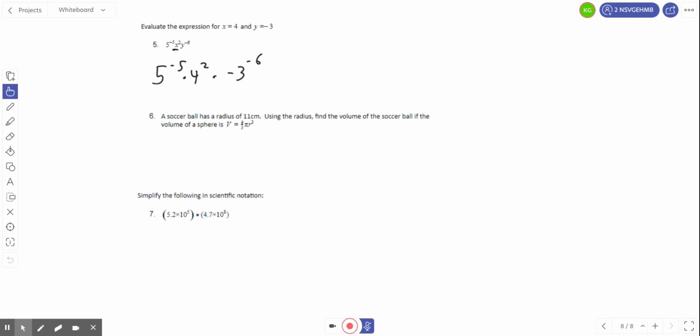If we wanted to work this out by hand, we could rewrite this with the negative exponents in the denominator. So 4 squared over 5 to the 5th times 3 to the 6th.